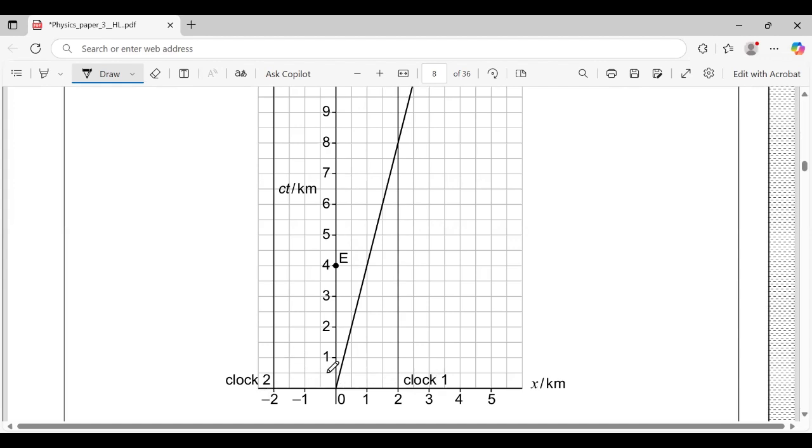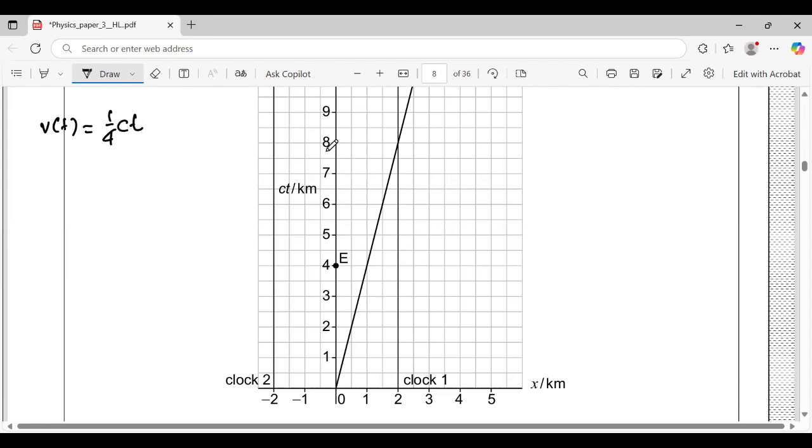Position at time t is the formula I'm going to write in here. The speed formula, I would like to use x equals vt, equal 1/4 ct.